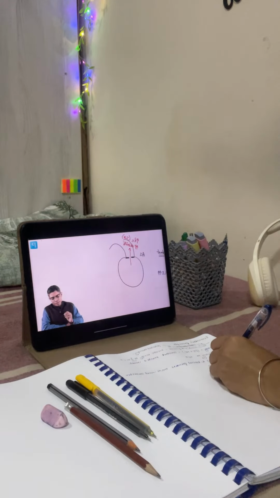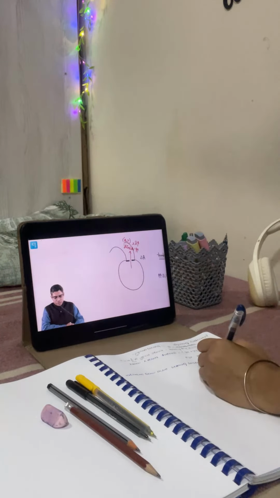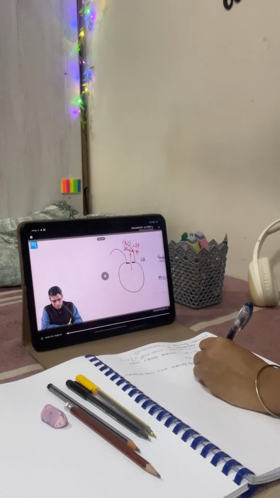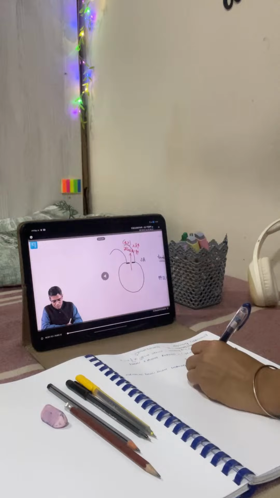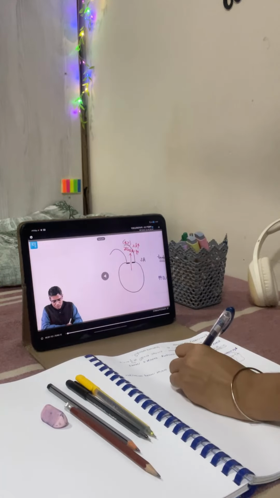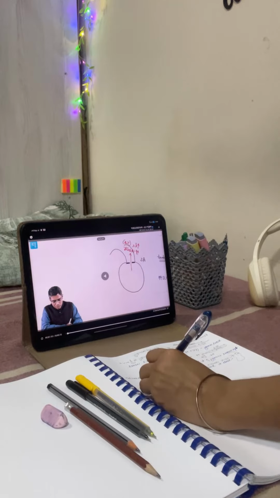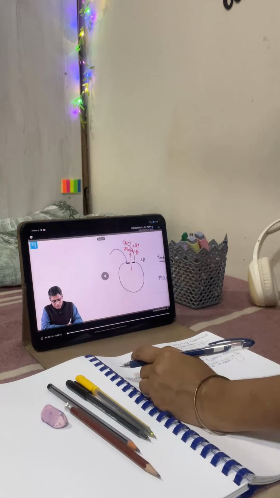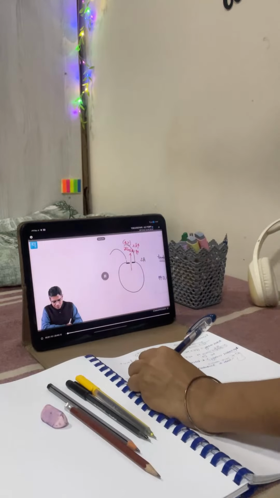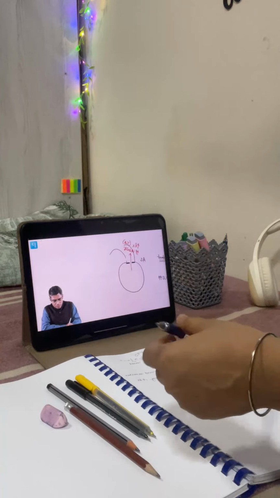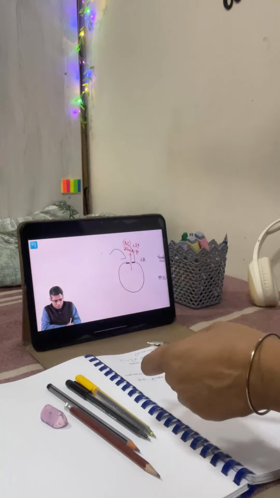But now look at, in regional circulation, I will be discussing the coronary arteries. Coronary perfusion. You all know that coronary arteries originate from the root of the aorta.